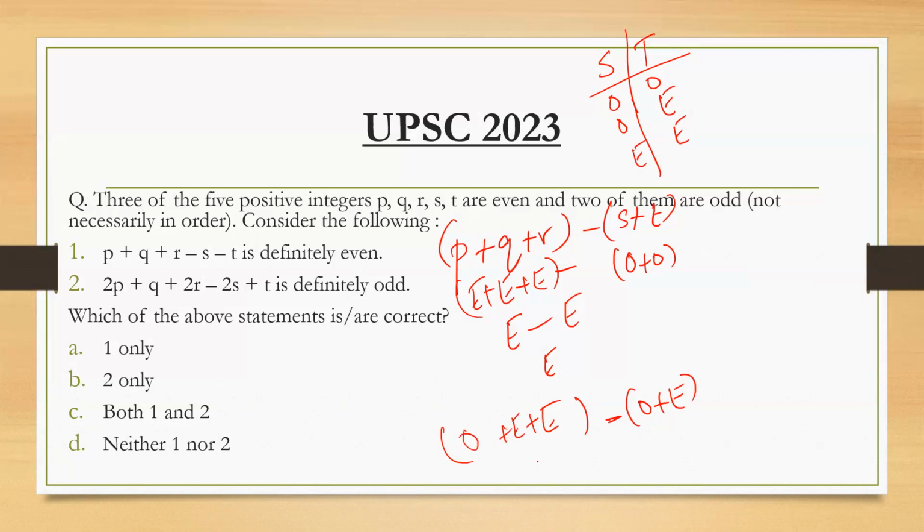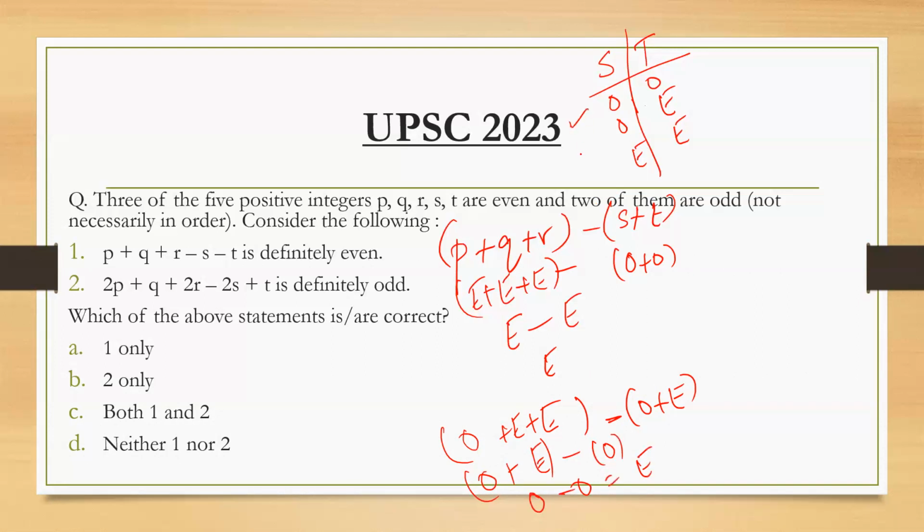So now just calculate. Even plus even is even, plus odd is odd. Odd plus even is odd. Odd minus odd is even. Yeah, even.